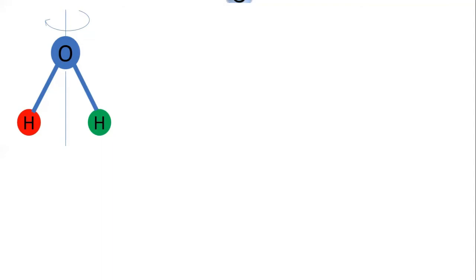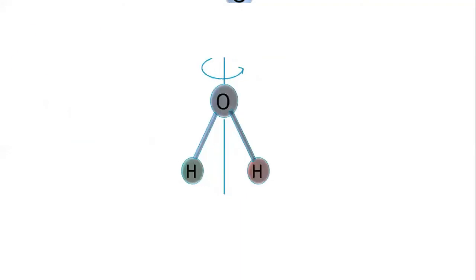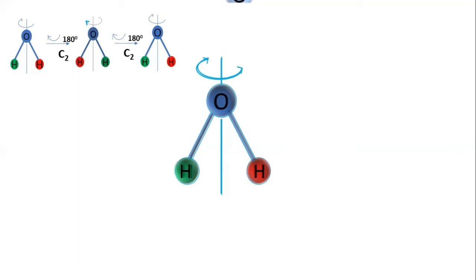This is how it is rotated: 45, 90, 135, 180. So from the second configuration we got a configuration identical to the initial configuration. So this leads to the identity element, E.